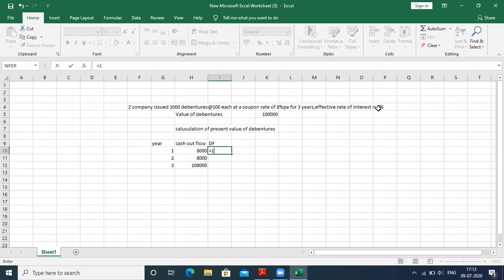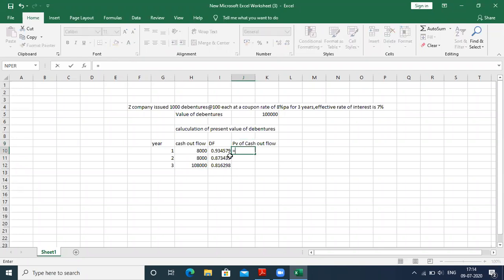So the formula will be, and we should calculate present value of cash outflow.